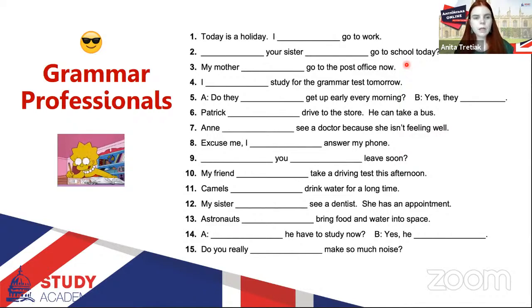That's right. Number 4, I study for the grammar test tomorrow. Oh, I see. Number 3, my mother, your answer does has to. You don't need the word does here. It just has to. My mother has to go to the post office now. Number 4, I study for the grammar test tomorrow.